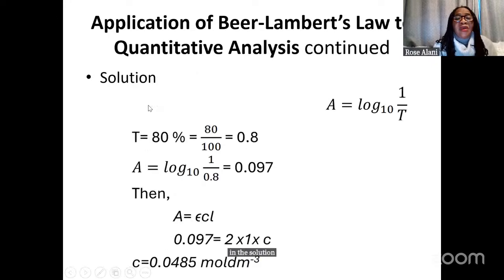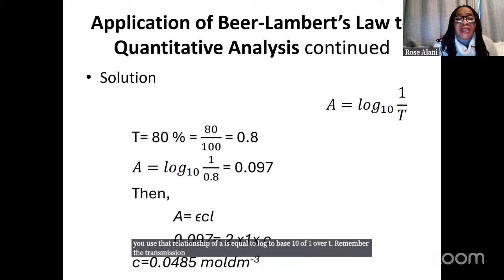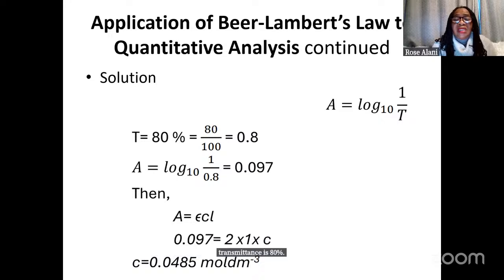So this is the calculation. You use the relationship A is equal to log to base 10 of 1 over T. Remember the transmittance is 80%, so that is the same as 0.8. So you now get your A to be 0.09.